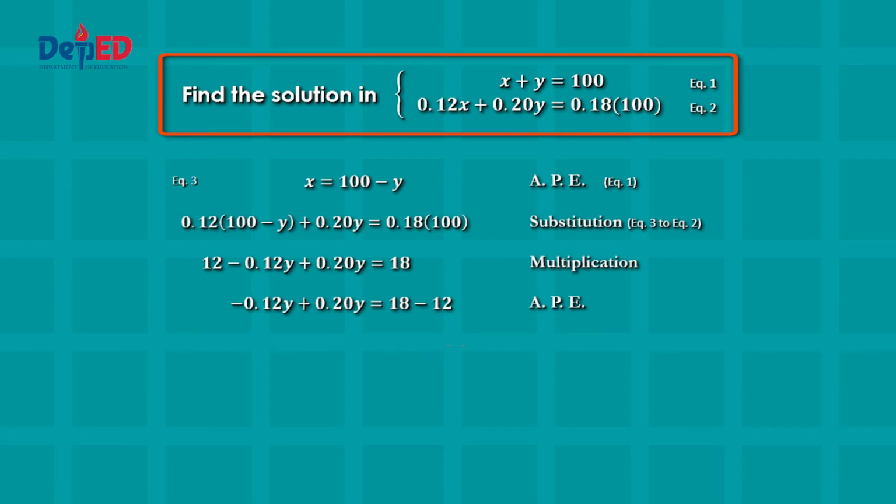What would be next? This can be simplified as 0.08Y equals 6. What will we do to get the value of Y here? We can divide both sides by 0.08. What will be the quotient of 6 divided by 0.08?